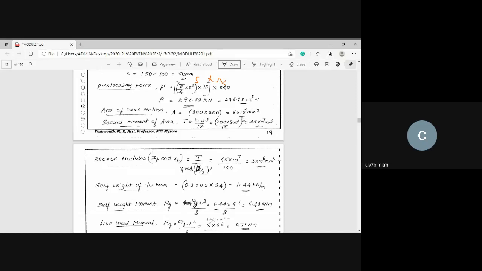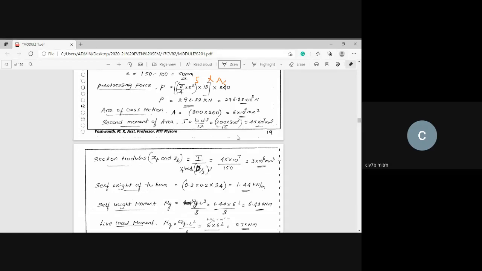That is B into capital D. So that will give you the answer in millimeter square. Please note all these things are very, very important. Units are very, very important while substituting and while getting the answer.